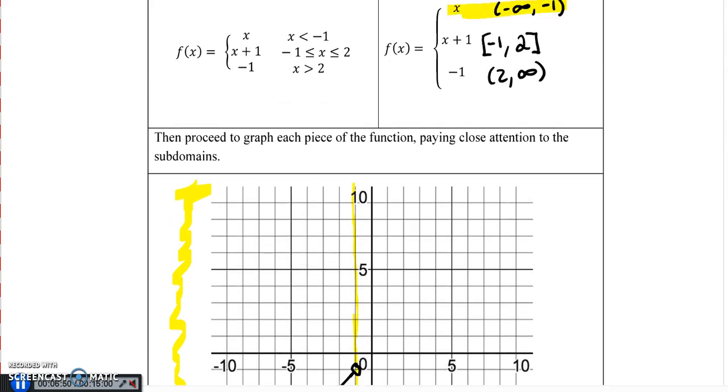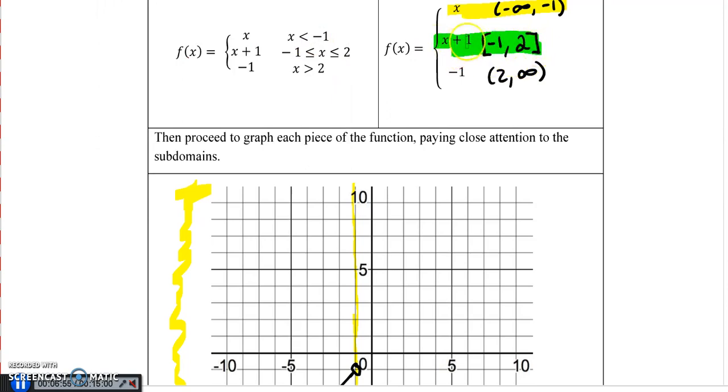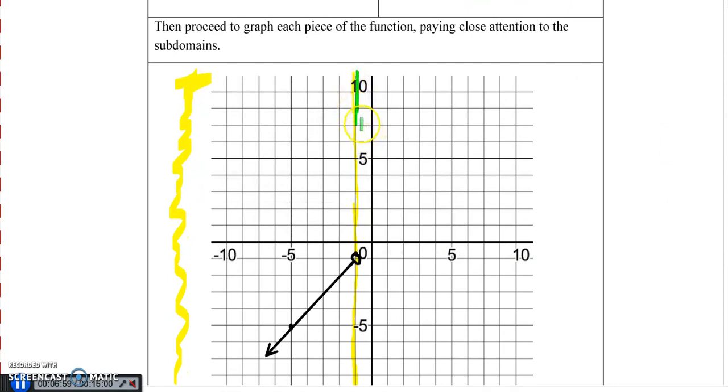Now I'm going to do this for each part of this function. So now in the green, green's going to start at -1 and go to 2.